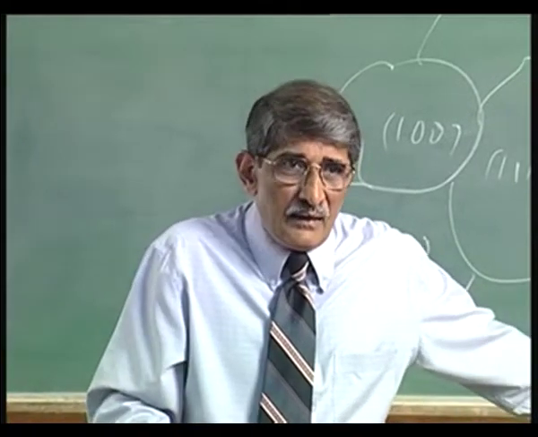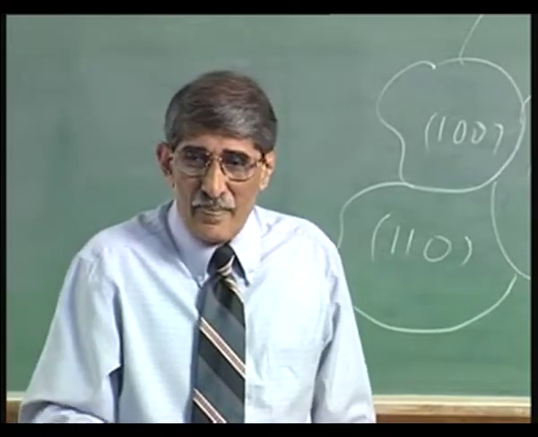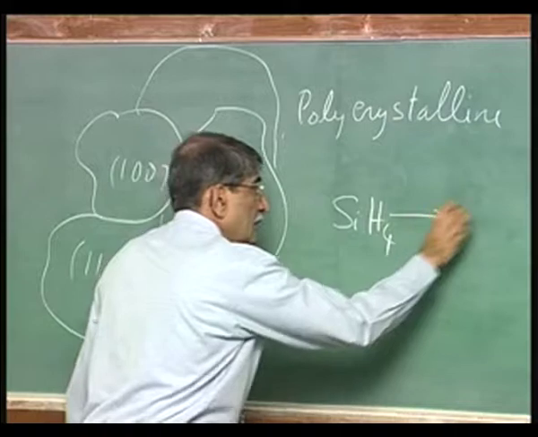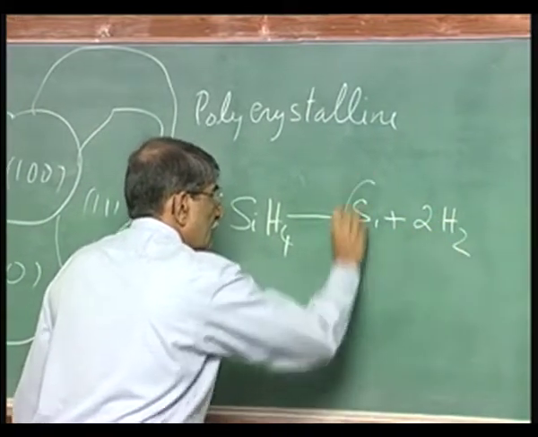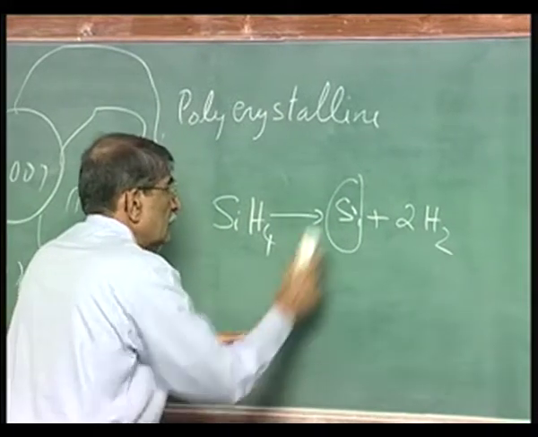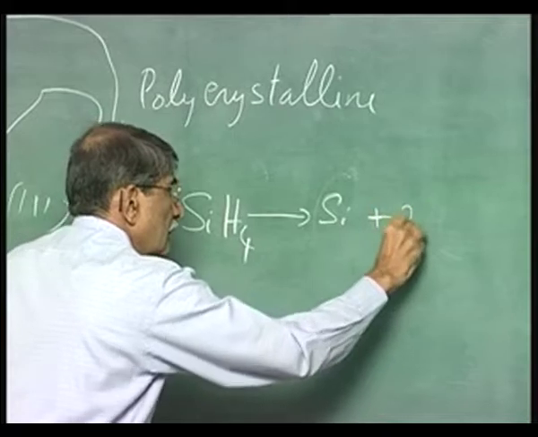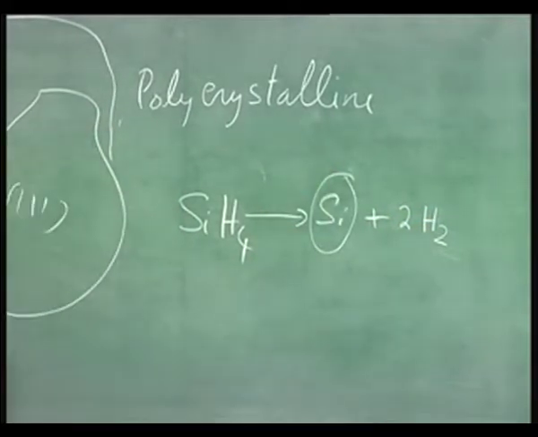Okay, and onto that you add arsine. Okay, silane is there. This will give you silicon plus 2H2. So, that is the one which is being deposited.